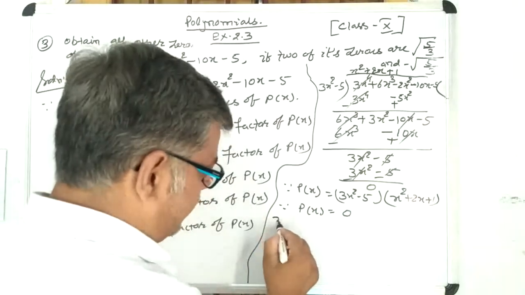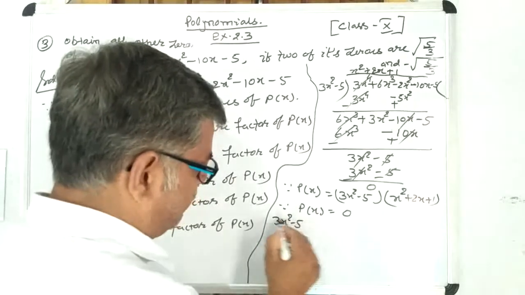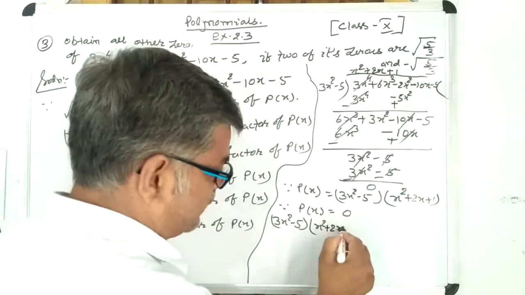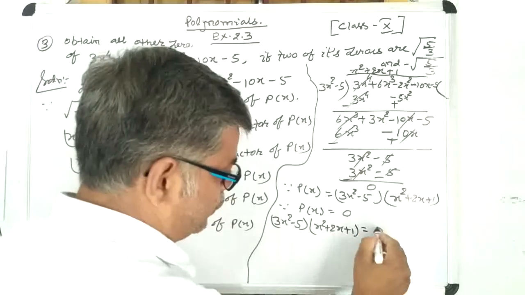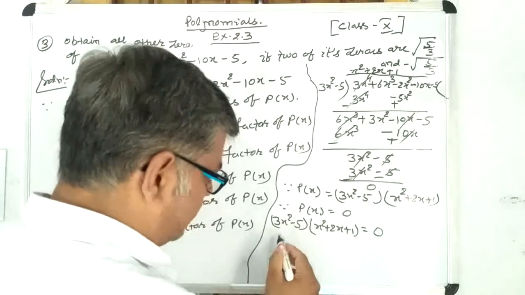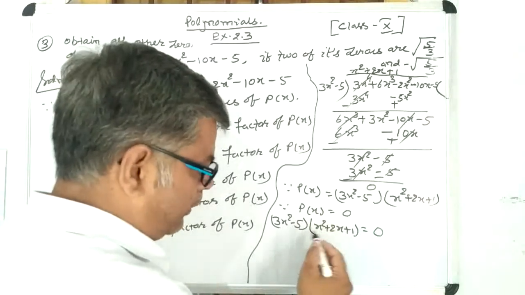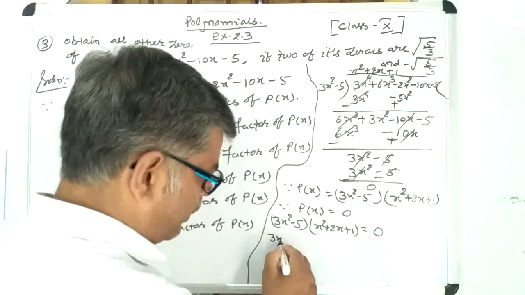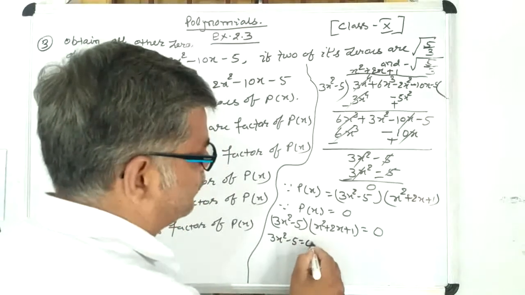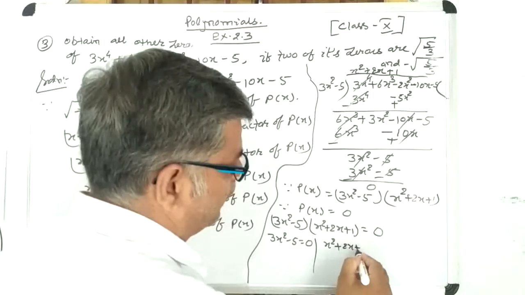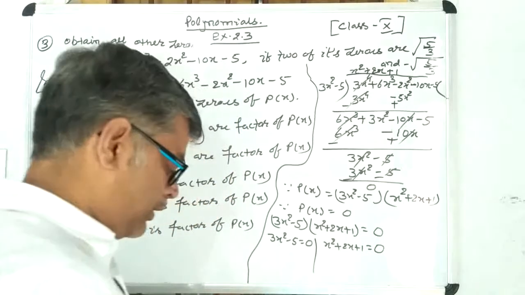It means that 3x square minus 5 into x square plus 2x plus 1 equals 0. It means that 3x square minus 5 equals 0, or x square plus 2x plus 1 equals 0.